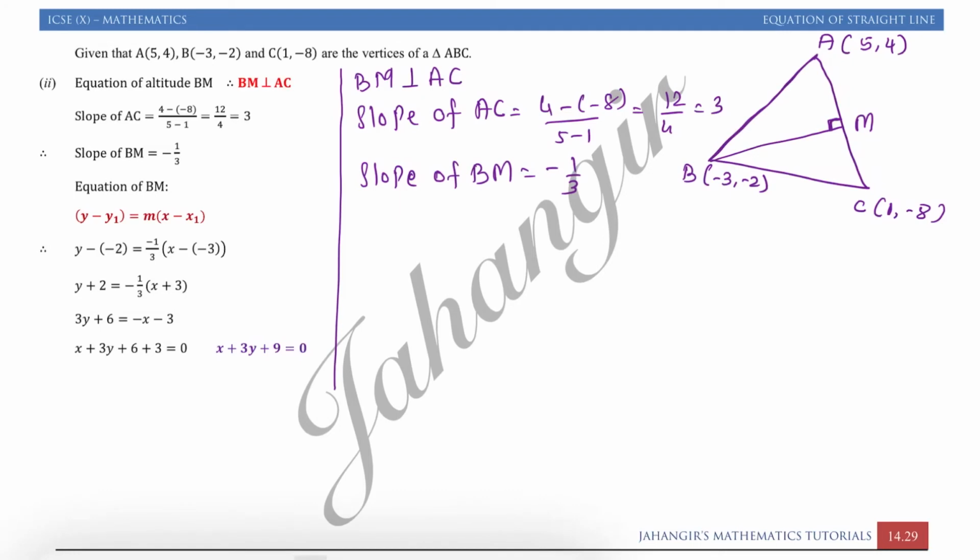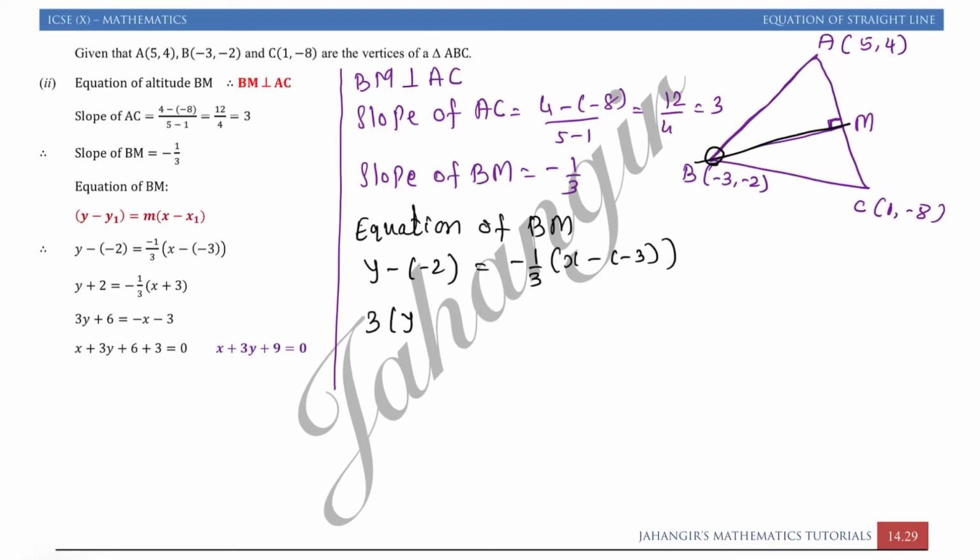Since BM passes through B, B is the passing point. So I can write the equation of BM: y - (-2) = -1/3 (x - (-3)).